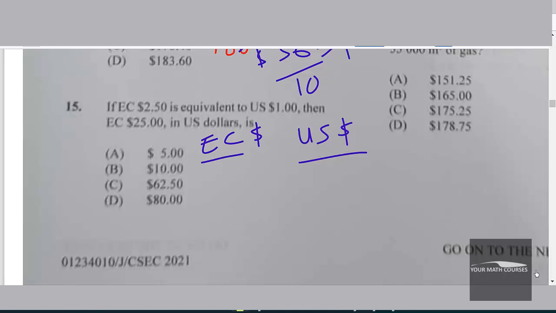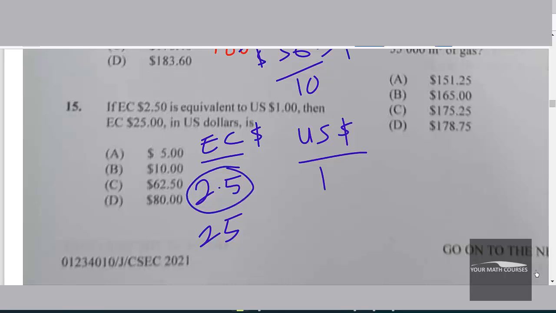We're told that for every 1 US dollar, we have 2.5 EC dollars. Now we're to find the equivalent of 25 EC dollars.